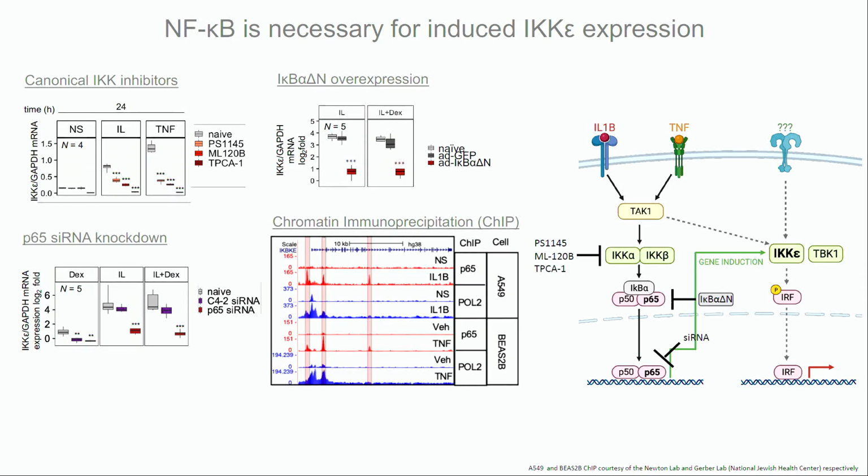Similarly in BEAS-2B cells, we get those same 3 regions enriched. Interestingly, in those same spots we also see polymerase II binding, showing that these could be important for gene transcription.